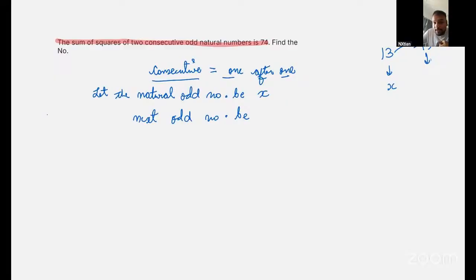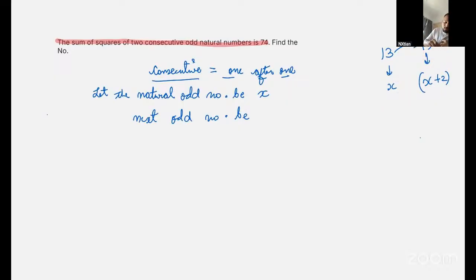You can unmute your mic and say. x plus 2. Yes, x plus 2. Why x plus 2? Because in x, which is 13, just for now, we are taking an example, when you add plus 2, then you will get the next consecutive number. Got it?